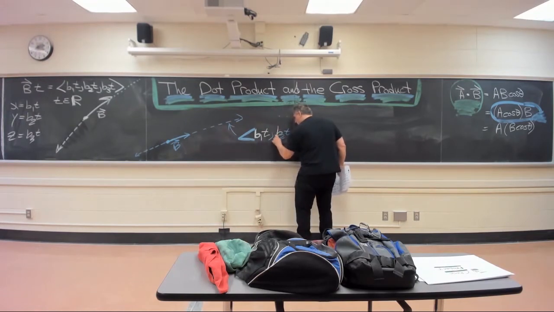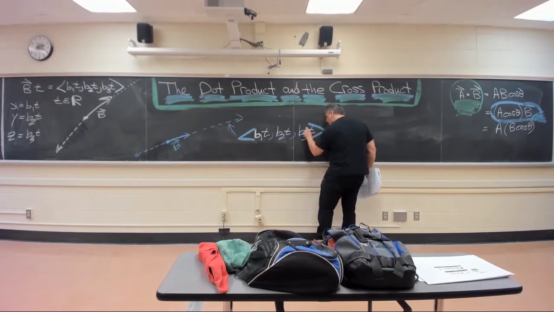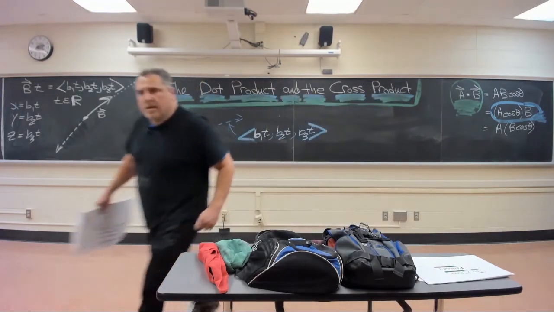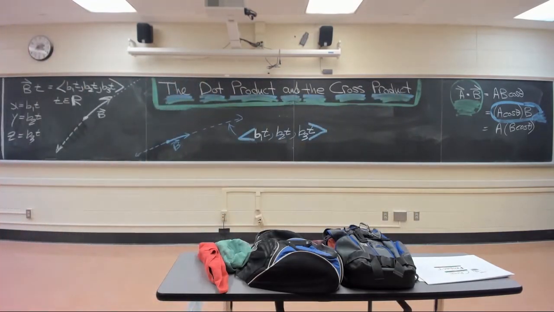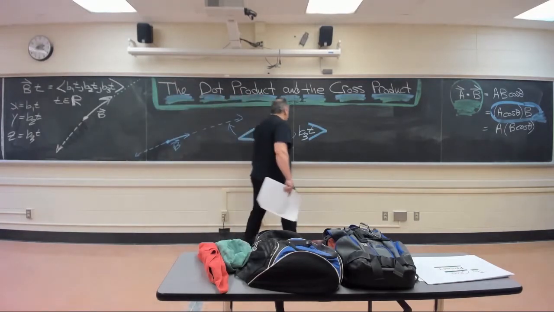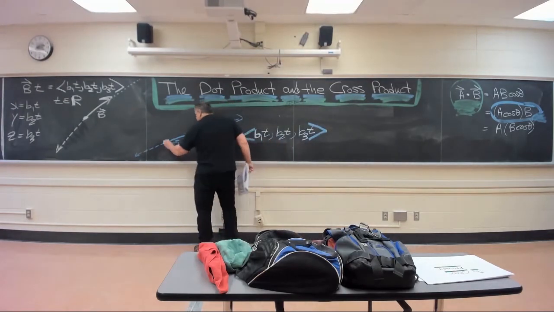B1T, B2T. Forgive me, guys, I just want to make sure there's some legibility here. Okay, so you're looking at this B1T, B2T, B3T, and you've got this guy, which is B vector.